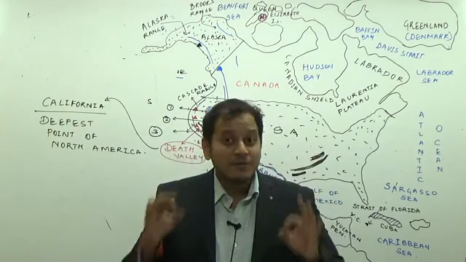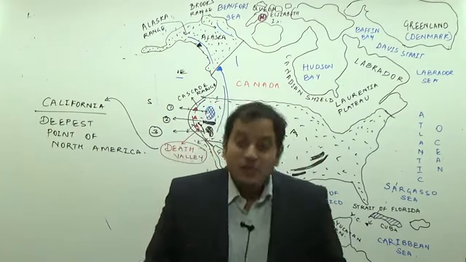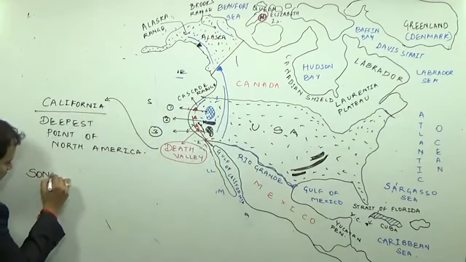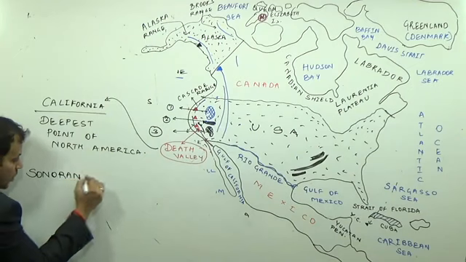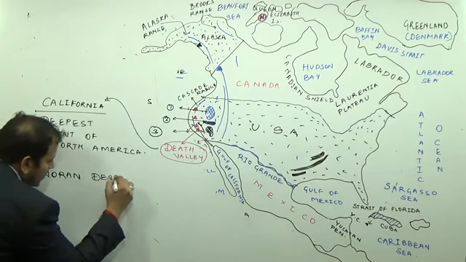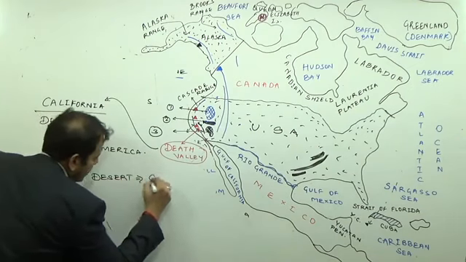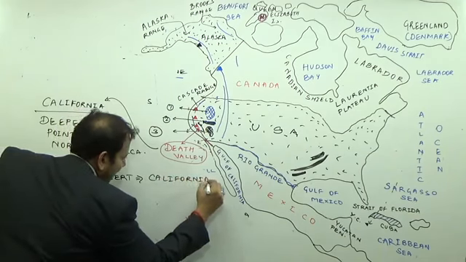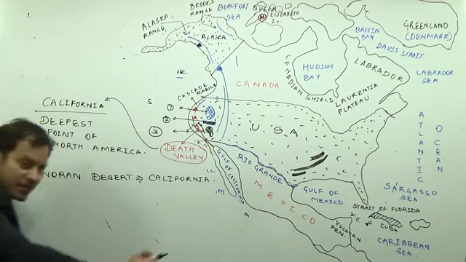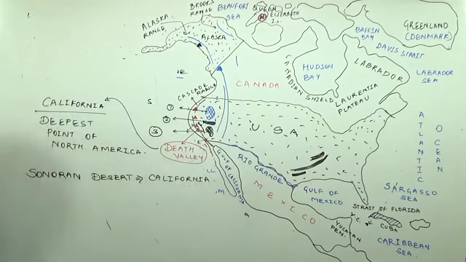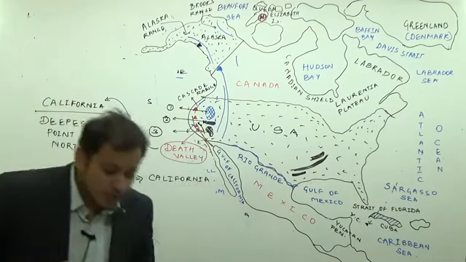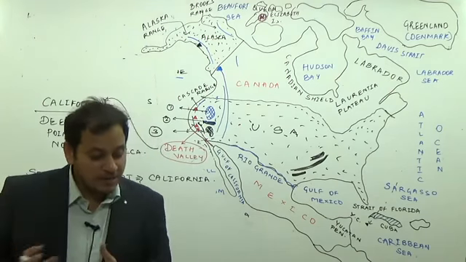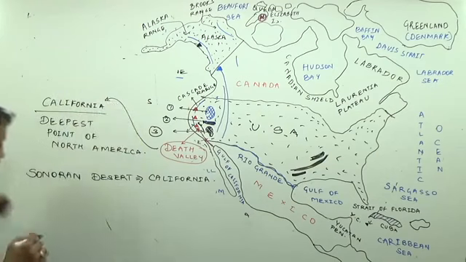After that, you remember California has a desert. The name of a desert in California is the Sonoran Desert. So if the question comes, where is the Sonoran Desert located? You remember the Sonoran Desert is located in California. And the Sonoran Desert continues into Mexico, where it is known as the Mojave Desert.